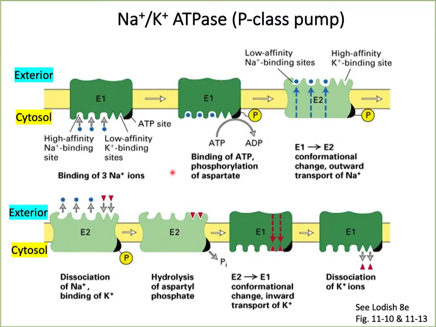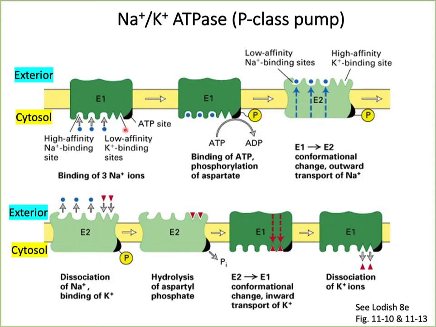Like GLUT1, this pump takes on two conformations. In this diagram, these conformations are labeled as E1 and E2. In the E1 conformation, there are 3 high-affinity sodium binding sites facing the cytosol and 2 low-affinity potassium binding sites facing the cytosol.